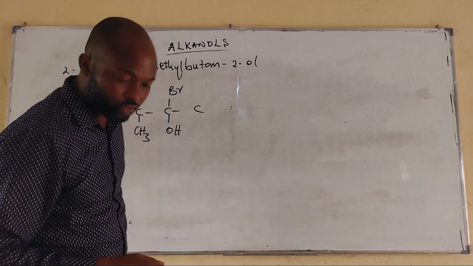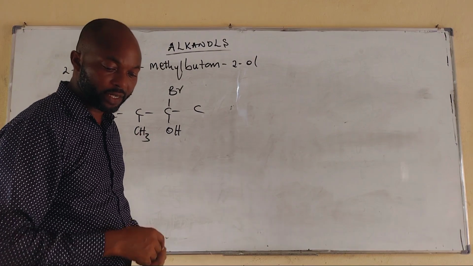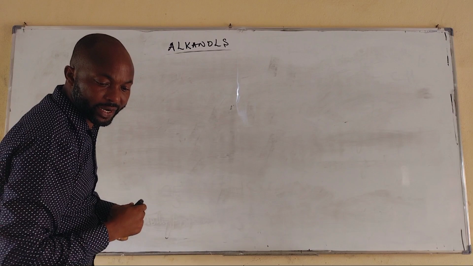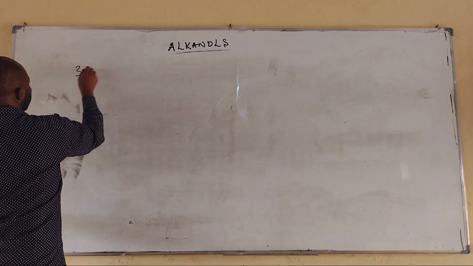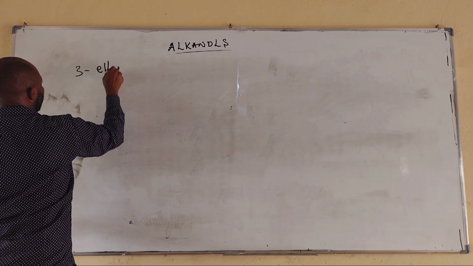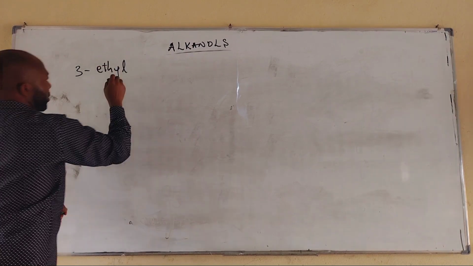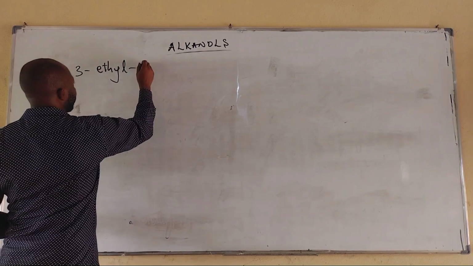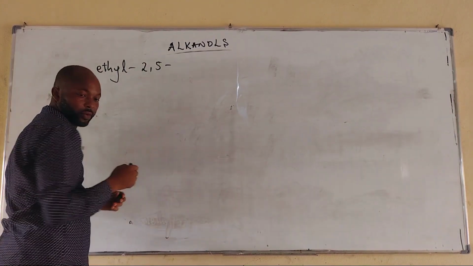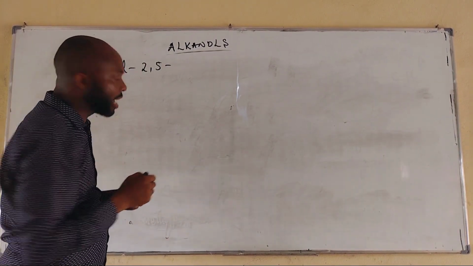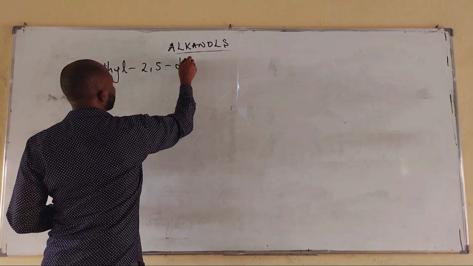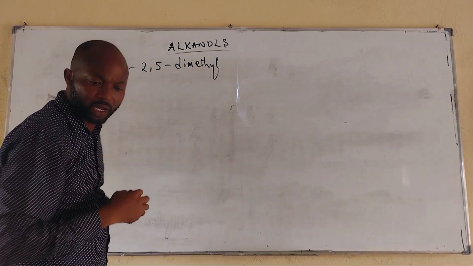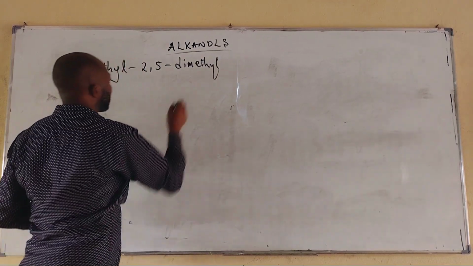They say we should write the structural formula of that. Now the next one is this. 3-ethyl-2,5-dimethyl-3-hexanol.